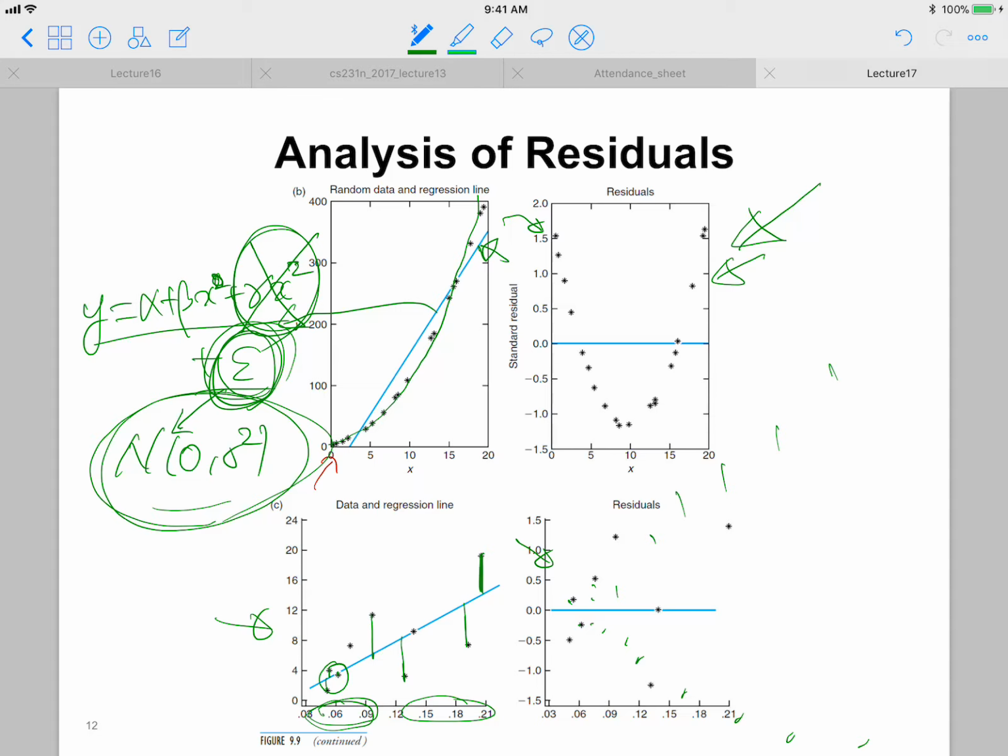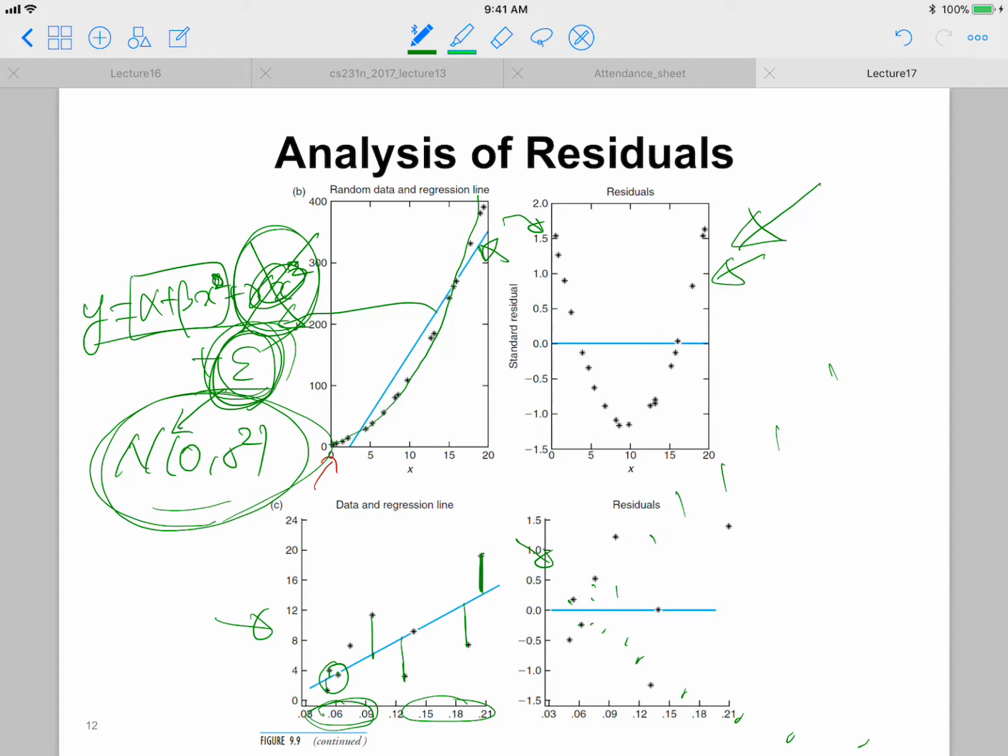What about the next case? In this case, does it look like a hyperbolic kind of case, second order or third order? What should we model? We can model it by still using a linear term, but it looks like the variance of the error is increasing proportional to the x value.